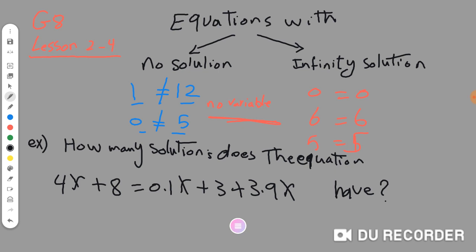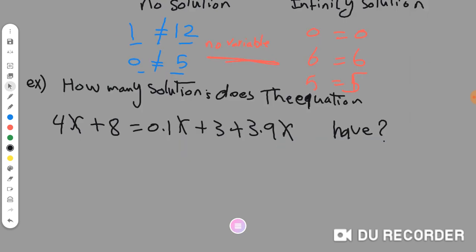Okay, this is the question. It asks how many solutions this equation has.